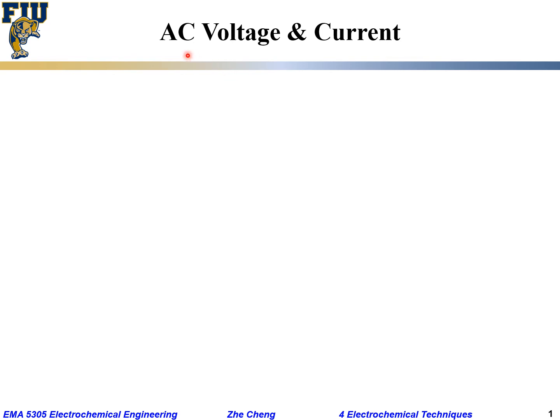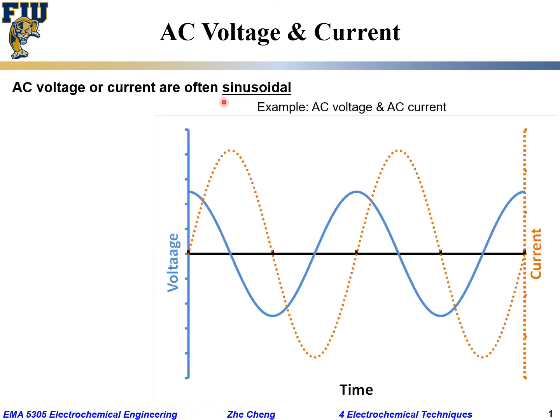Before we go deeper into the concept of impedance, let's first review a little bit about AC voltage and AC current. We said impedance is the ratio between AC voltage and AC current. AC voltage and AC current are often, as we learned before in physics, sinusoidal.